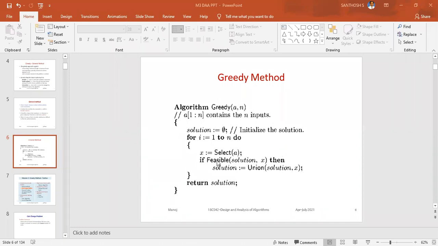So if n is equal to 3, how many feasible solutions will you get?